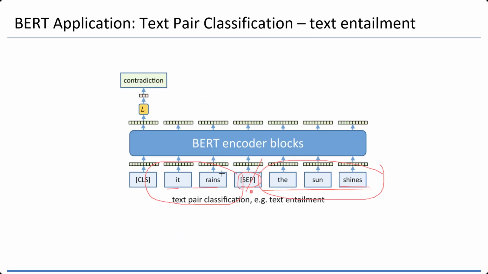Of course, these are not correlated. When we input this into BERT, BERT can give the result: contradiction. So these two sentences are contradictory. This is text pair classification.